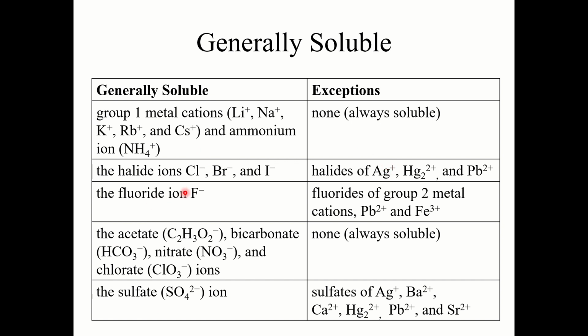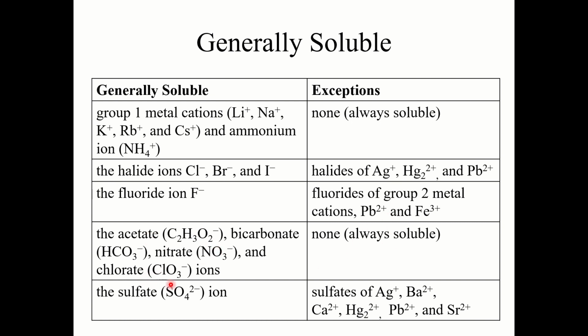So for example, fluorides. Fluoride ions are generally soluble, but if your fluoride ion is with a group 2 metal cation like magnesium or calcium, or if it's with lead or iron, then that fluoride is insoluble. So for example, PbF2, lead fluoride, would be insoluble and would get the state of matter symbol S. If it's got acetate, bicarbonate, nitrate, or chlorate, it is always soluble.